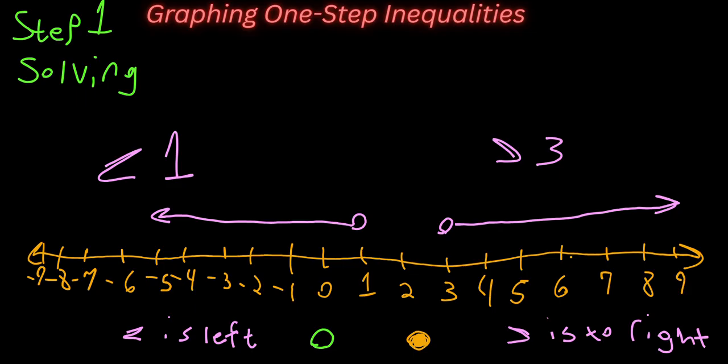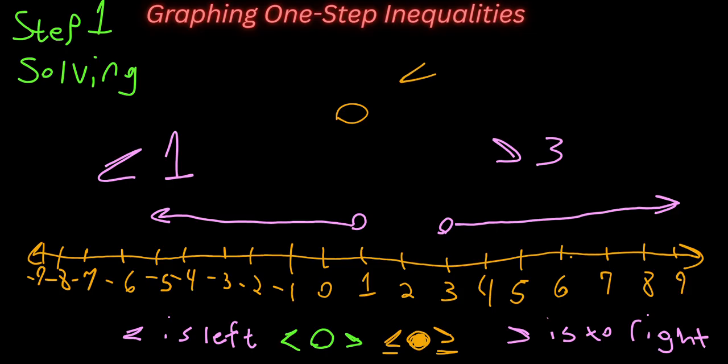A closed circle is going to be for your less than or equal to and greater than or equal to, whereas your open circles are for not equal to. The way I remember this is if it's greater than or equal to, you're not just going to put the circle at the number.